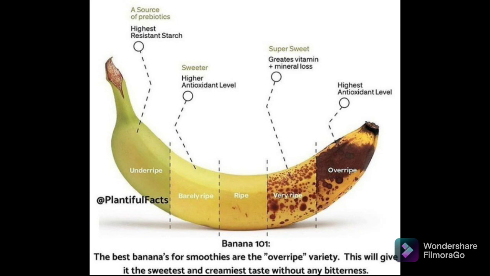And lastly, the highest antioxidant level is in the overripe banana. Did you know that the best bananas for smoothies are the overripe variety? It is because this will give it the sweetest and creamiest taste without any bitterness.